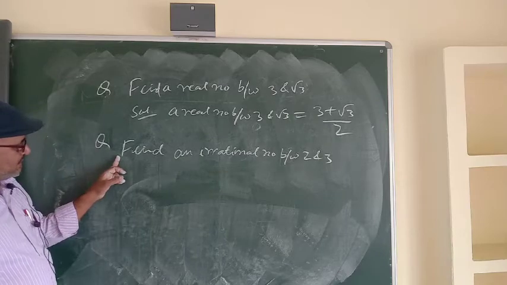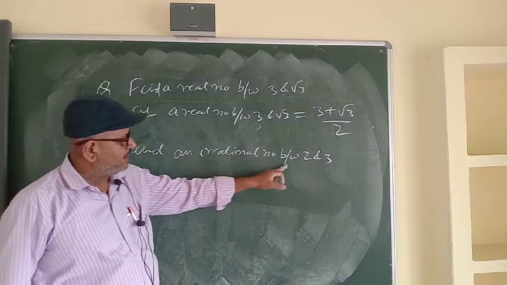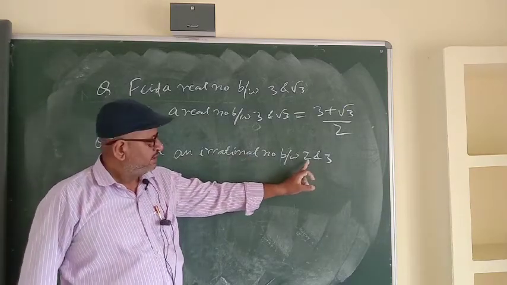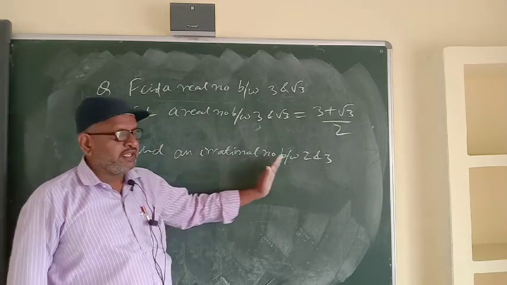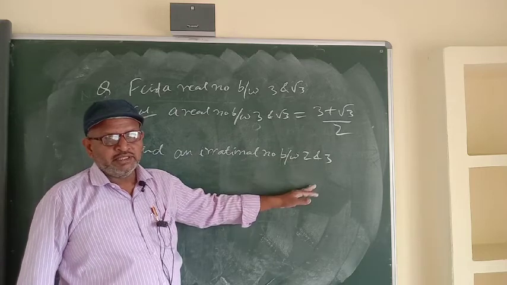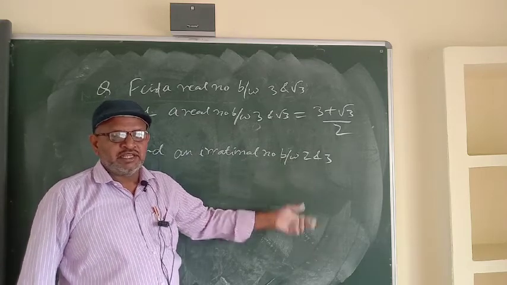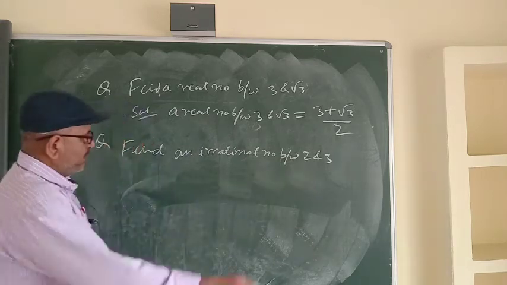And in the next question, find an irrational number between 2 and 3. I have told you an irrational number between a and b is root ab, if we cannot take the square root of ab.